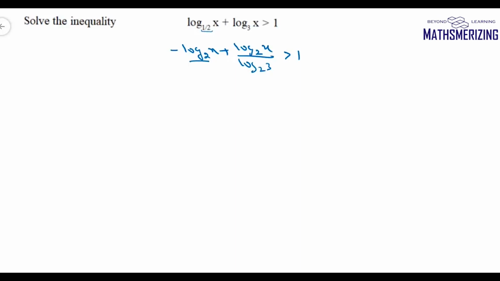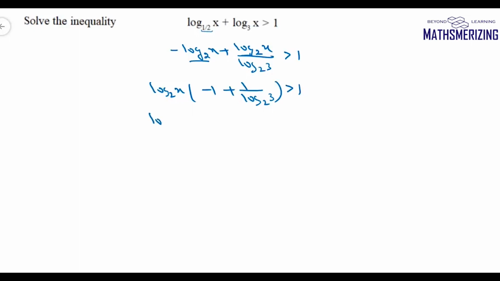So now I can take log x base 2 common. So if I take log x base 2 common, I'll get minus 1 plus 1 upon log 3 base 2, and it should be greater than 1.